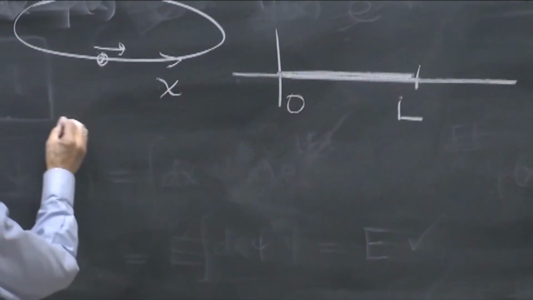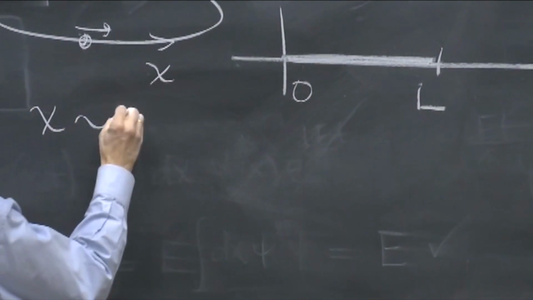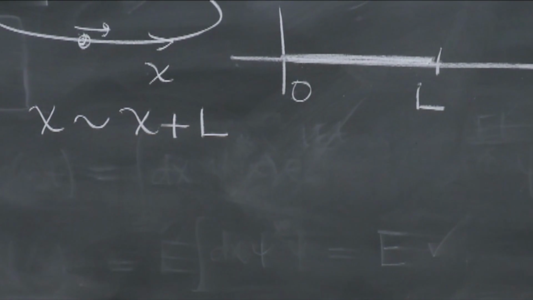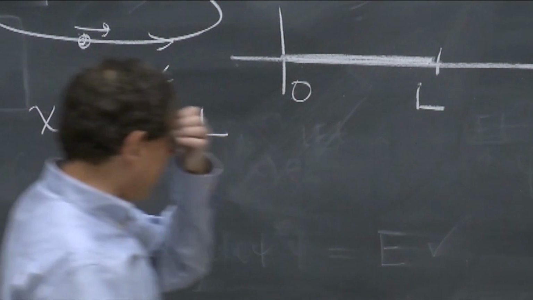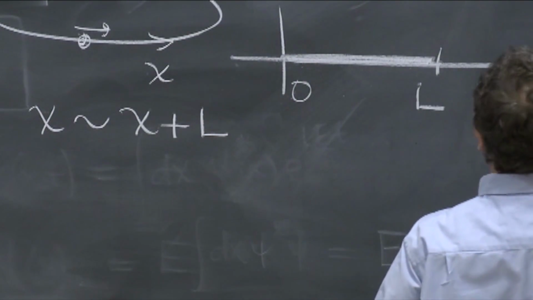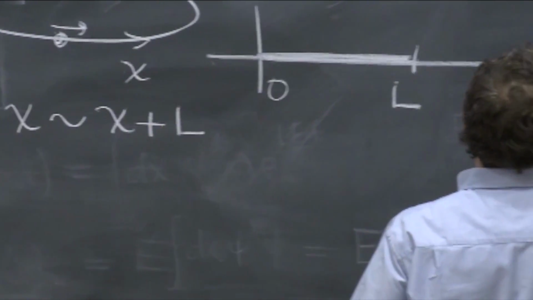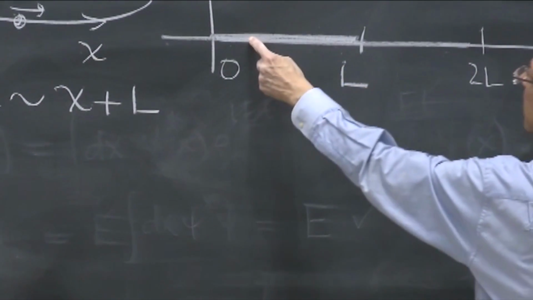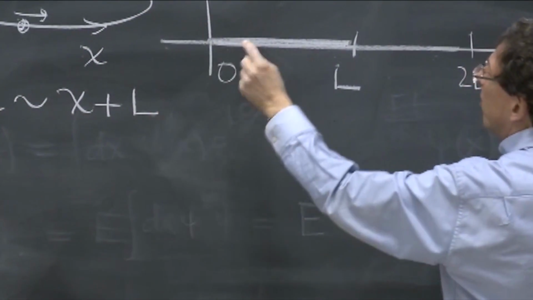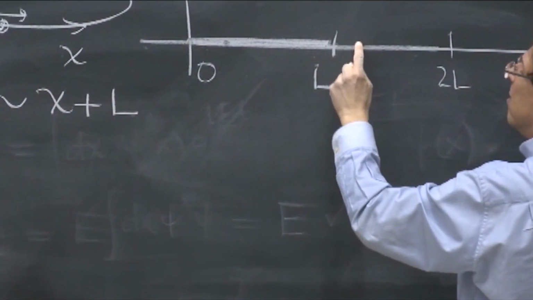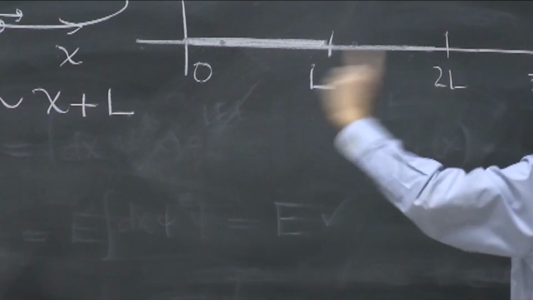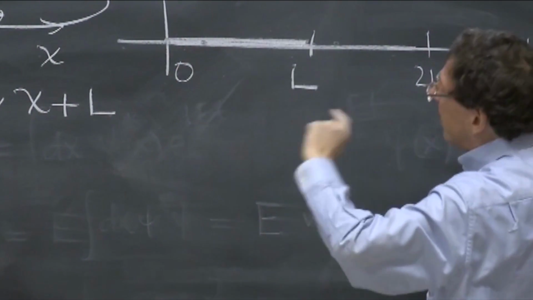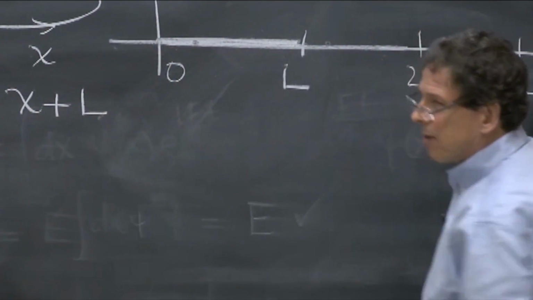We actually write this as x is the same as x plus L. This is a strange way of saying things, but it's actually very practical. Here's 2L, 3L. We say that any point is the same as the point in which you add L. So the circle is the whole infinite line with this identification.